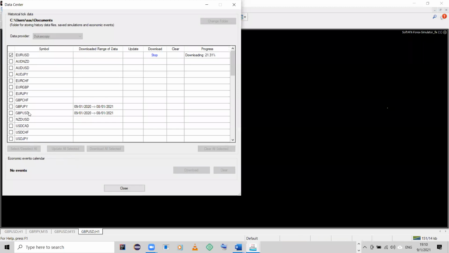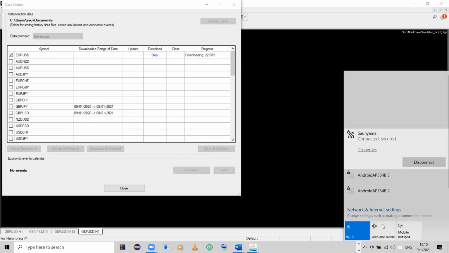As you can see here, GBP JPY and GBP USD, I'd already downloaded the data starting from 9 January up to 8 January, one year of data. It's what I had already downloaded for each of my favorite pairs here. So that's how it goes.